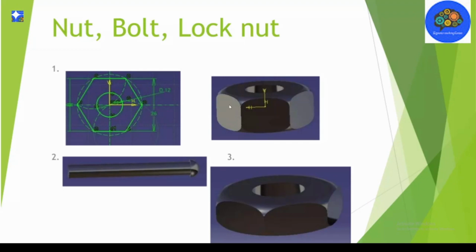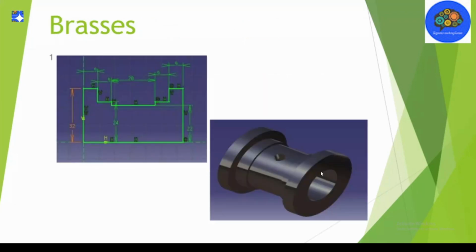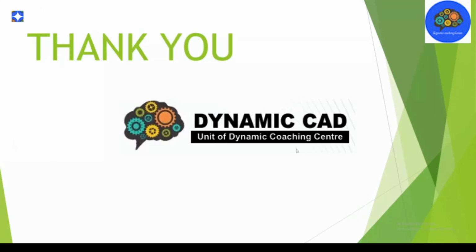Okay, this is the fastening nut, this is the locking nut, and this is the bolt which we are going to use to bolt down the things. Okay, those are the two plumber block parts, and these are the brasses which are going to house the shaft inside the plumber block.